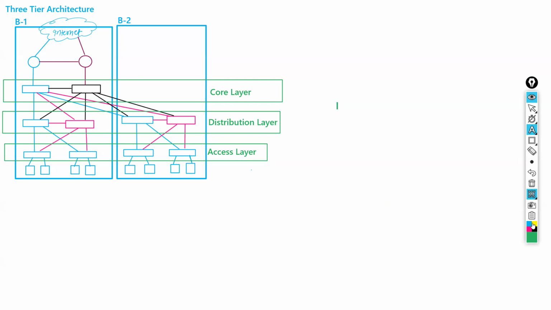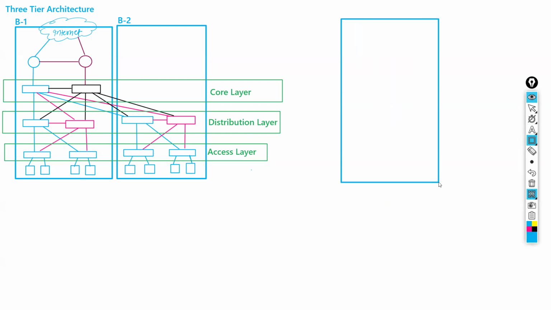Now let's talk about two-tier architecture. Three-tier is used in large organizations; two-tier is for smaller organizations. Like this is an MNC. Now you're working in a local company, but still it is a big company. This time you're working in a company which has only one building, not multiple.